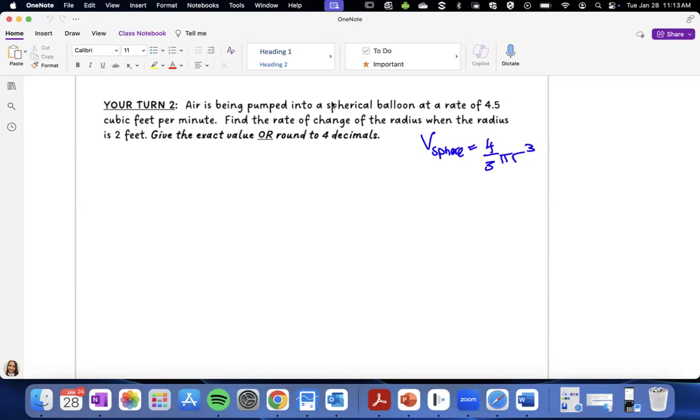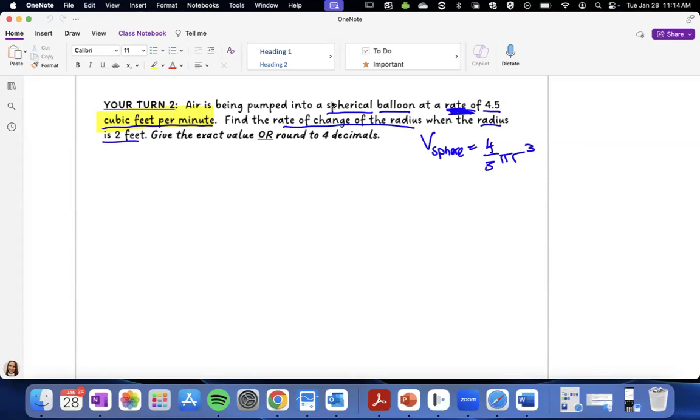That's my hint: balloon, a 3D object, at a rate of, as soon as I see rate, I know that's d something over dt. 4.5, check out these units, that's a hint: cubic feet per minute. And then find the rate of change of the radius. I'm finding another differential rate of change when the radius is 2 feet.